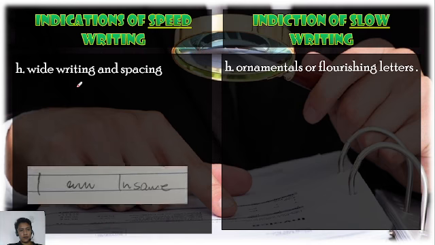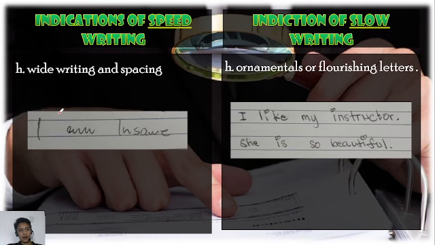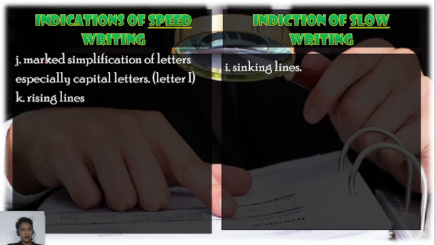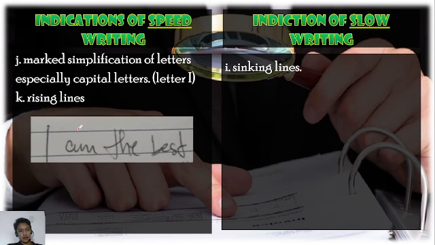Letter H, usually for speed writing, malawak, okay? Or wide writing and wide spacing. Ornamentals, common po yan sa slow writing. Mga decorations ng writing, okay? Or embellishments. Mark simplification of letters, especially capital letters, just like letter L or K, rising lines. So that is another one.